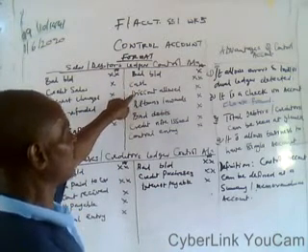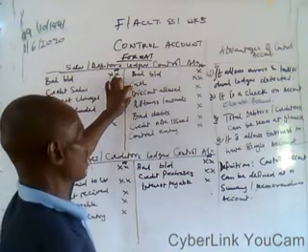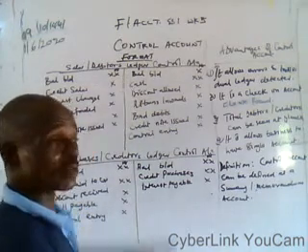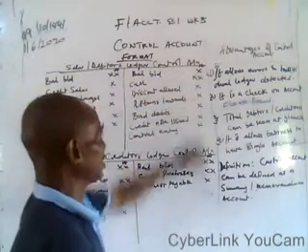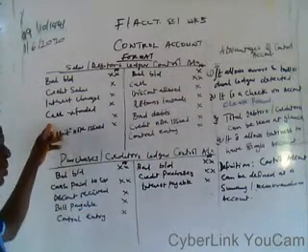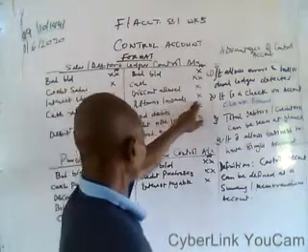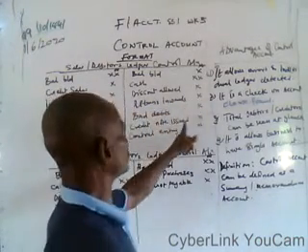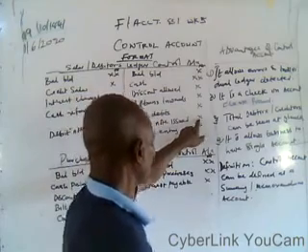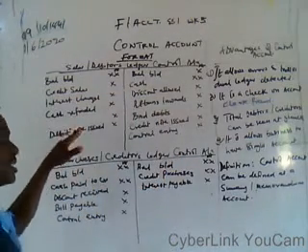If you have a discount allowed, there are two issues. If a discount was allowed but subsequently disallowed, the original discount allowed must be on the credit side, while the discount subsequently disallowed must be on the debit side. Return inward must be on the credit side, bad debt written off must be here, and the credit note issued must be on this side, while the debit note issued must be on the debit side.